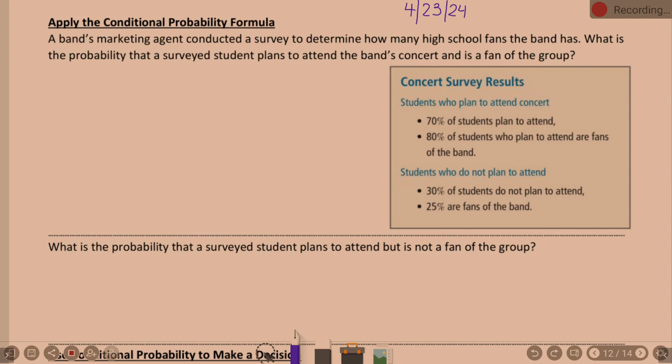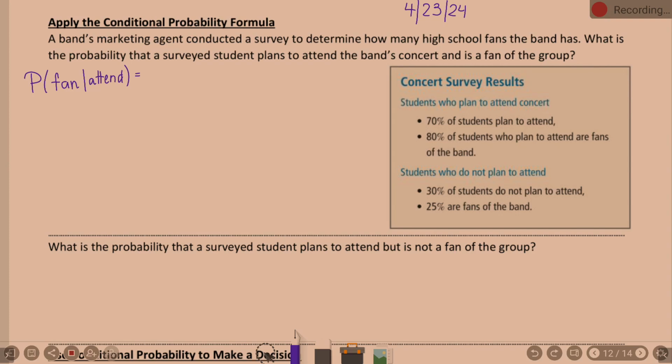So we're going to look at the probability that the student is a fan, given they also plan to attend the concert. Okay, that's the formula I want to set up here.